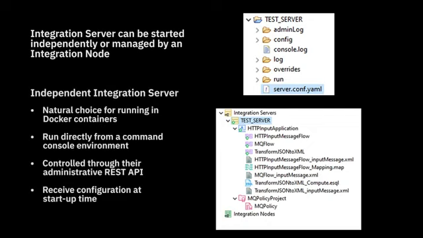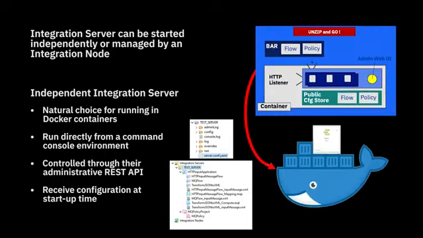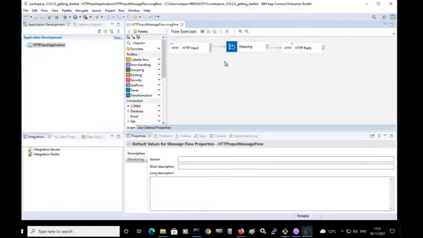By using an independent integration server, you can quickly deploy and test your integration solutions. The integration server can also be used in a container, which you can run in your cloud deployments. If you want to use the integration server locally, you can start it on the command line or from the toolkit. So before I start using my message flow, I'm going to create an integration server.